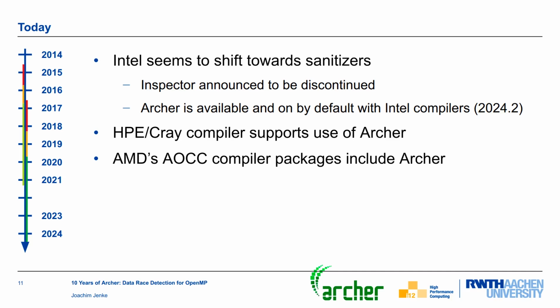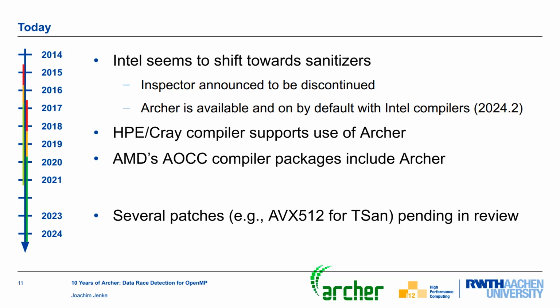They announced deprecation of the Intel Inspector, and it will also be discontinued next year. And starting from this year, Archer is available, and in the latest Intel compiler version, Archer is also on by default. Cray compiler supports Archer in their toolchain, and also the AMD compiler package includes Archer.